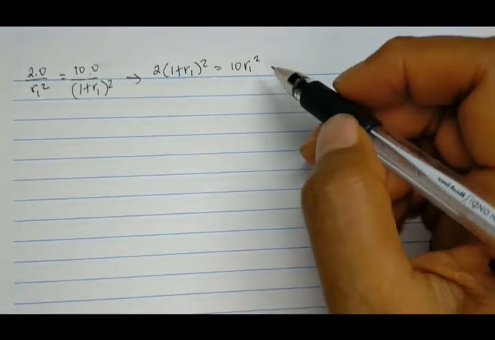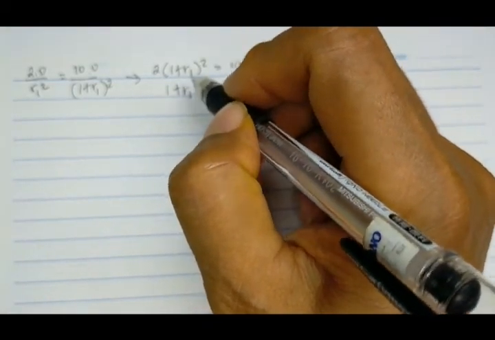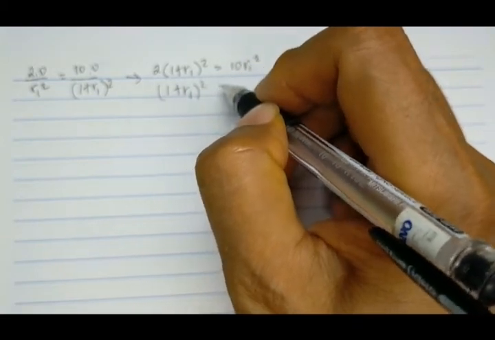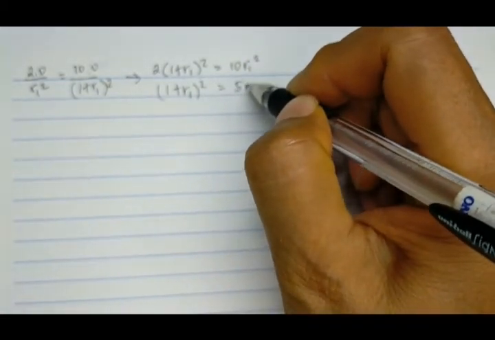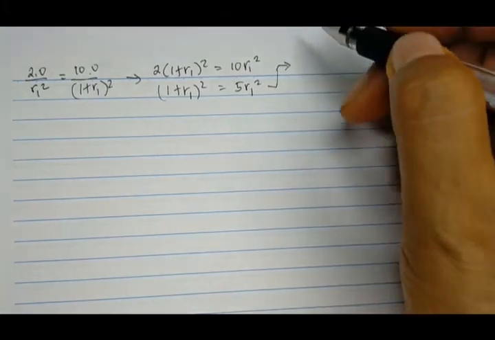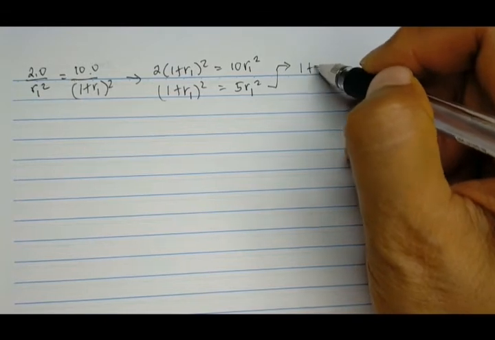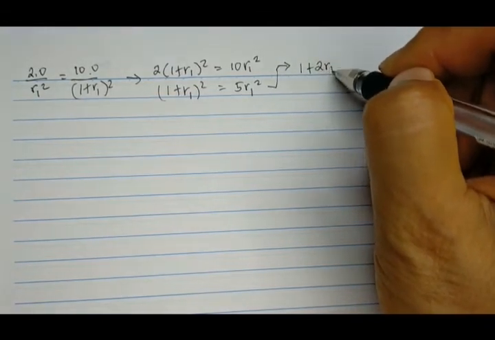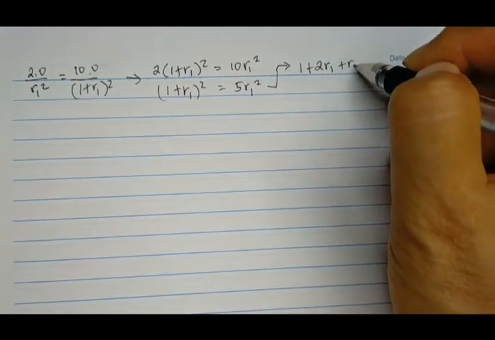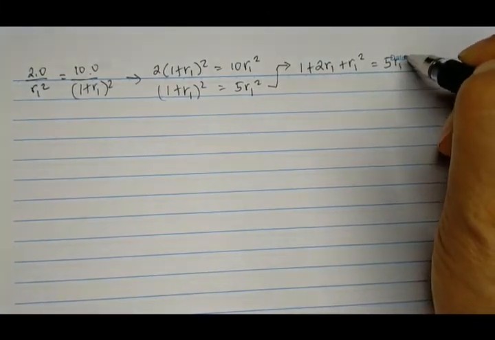And this one can be easily simplified as 1 plus R sub 1 quantity squared equals 5 R sub 1 squared. And then eventually, papunta siya sa expanding this expression. We have 1 plus 2R1 plus R sub 1 squared equals 5R sub 1 squared.